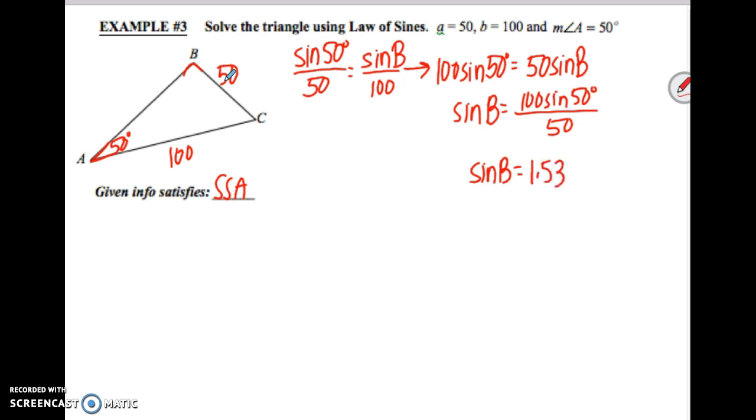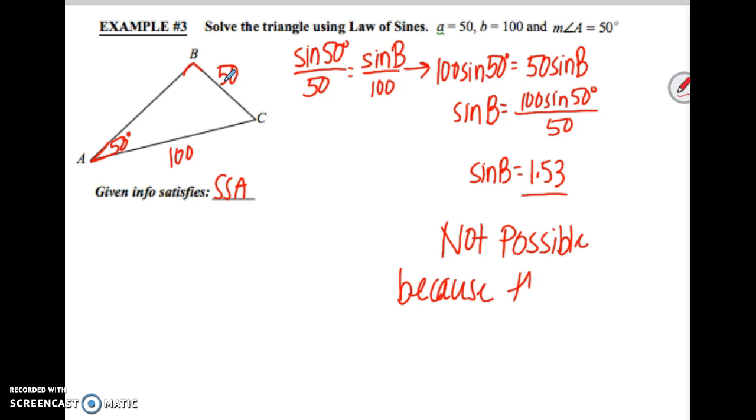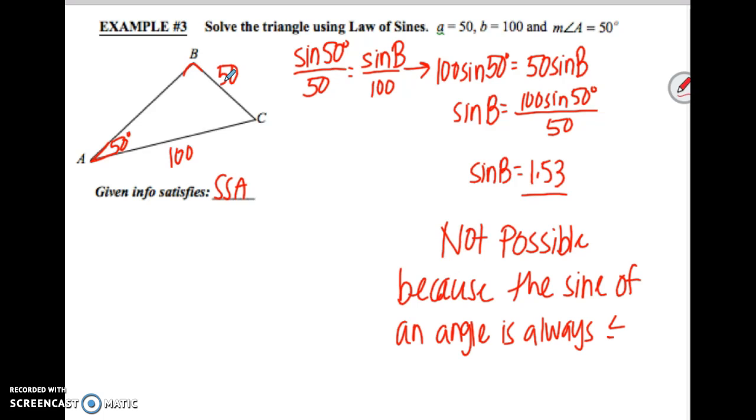Of course, in order to solve for B, we have to take the sine inverse of both sides. However, the sine of an angle should never be greater than 1. So this is not possible, because the sine of an angle is always less than or equal to 1.